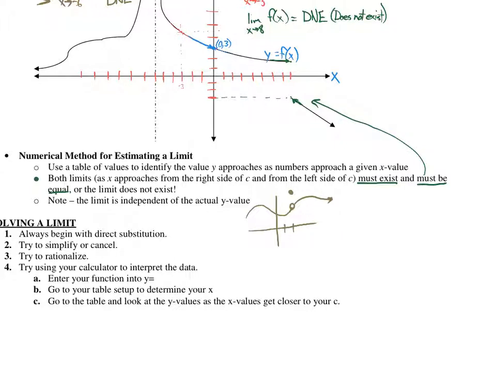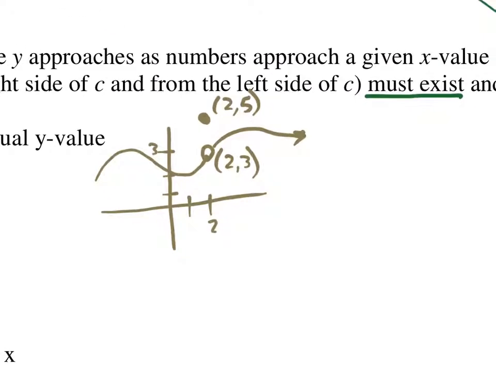So at 2, 3, there's a hole. And up here, maybe this point is the point 2, 5. The value of the function at 2 is 5. f of 2 equals 5.